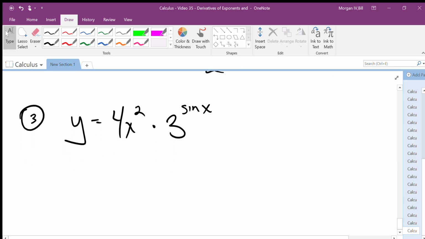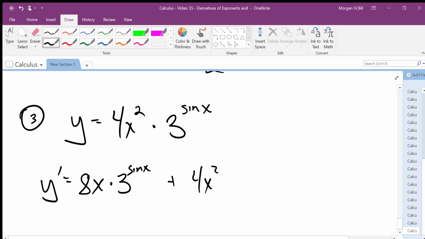Okay, let's see. y prime is equal to the derivative of the first one, that'd be 8x, and we're just going to leave 3 to the sine of x. That doesn't change. That's just our g function. Plus, we leave our 4x squared, and then take the derivative of 3 to the sine of x. The derivative of an exponential is always itself, 3 to the sine of x, times the derivative of sine of x, which is cosine of x, times, since 3 is not e, we have to multiply it by the natural log of 3.